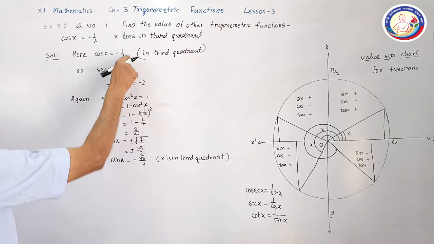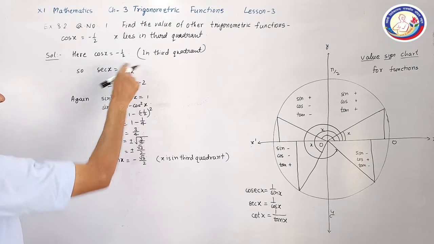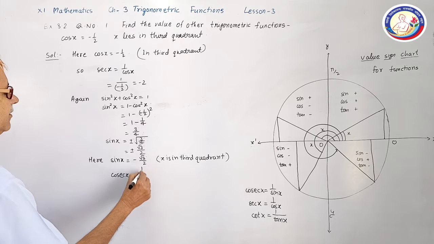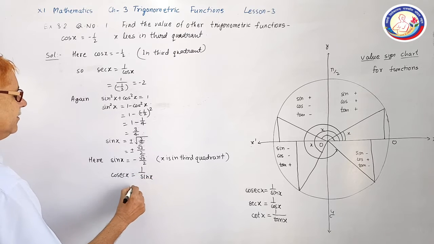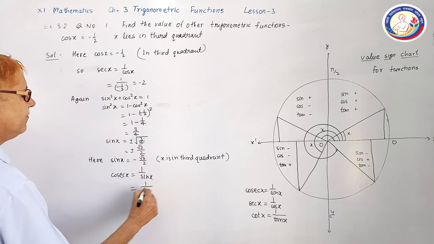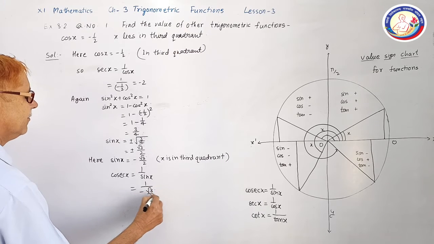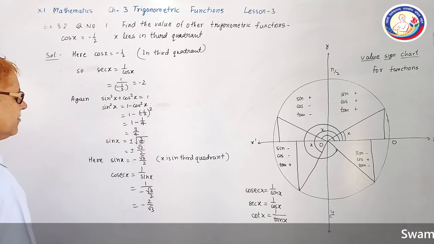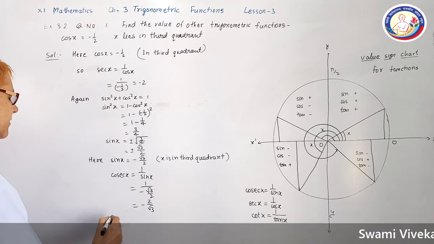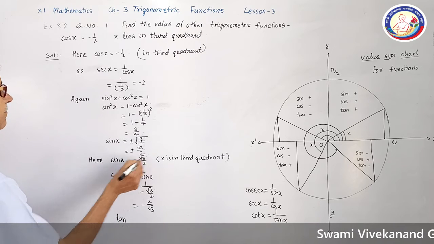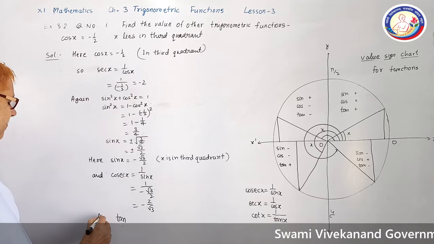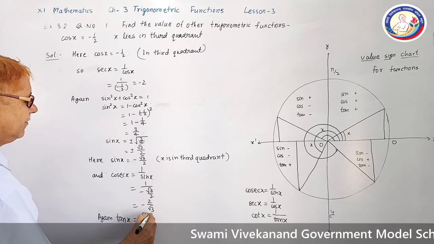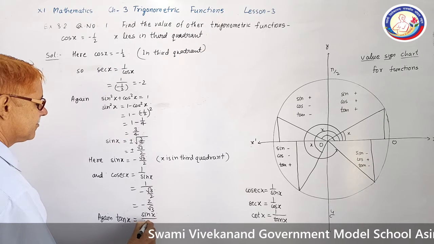So cos x is given, we have found sec x. Again we can find cosec x by using the formula 1 upon sin x, and this will be 1 upon minus square root of 3 by 2, and this is minus 2 by square root of 3. Now what is tangent? Tangent x can be found by dividing sin x by cos x.